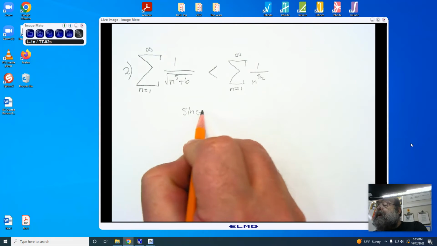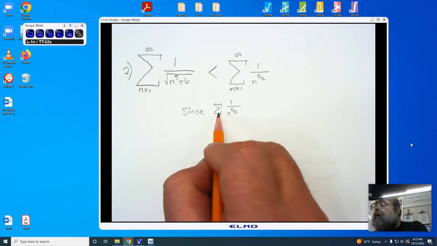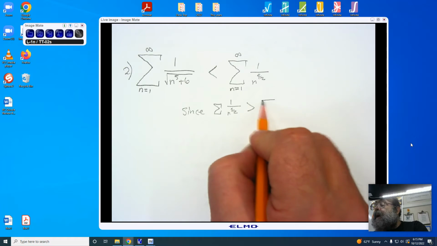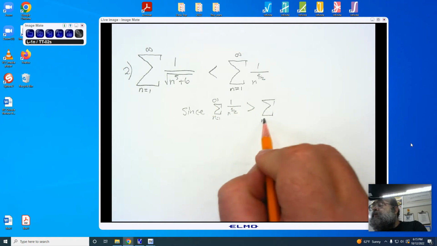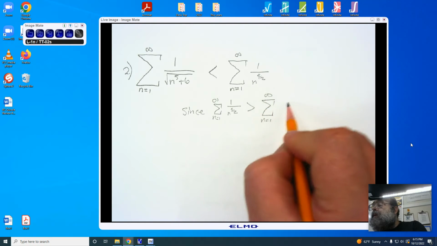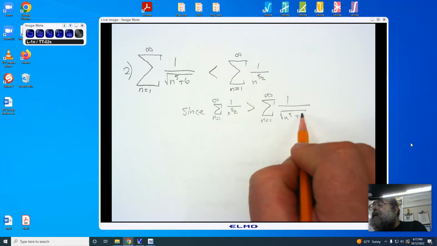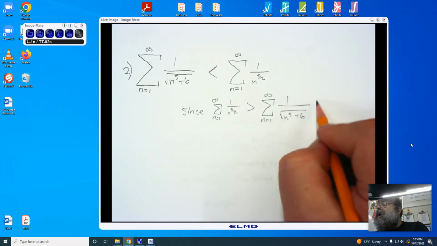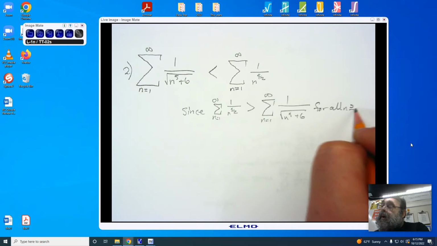Since the summation of 1 over n to the 5/2 power is greater than the summation, and you'll notice I'm just writing my statements all over again, 1 over the square root of n to the 5th plus 6. Let's just put in for all n greater than or equal to 1.